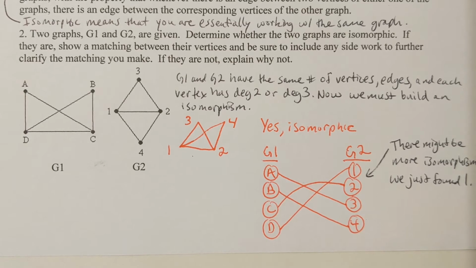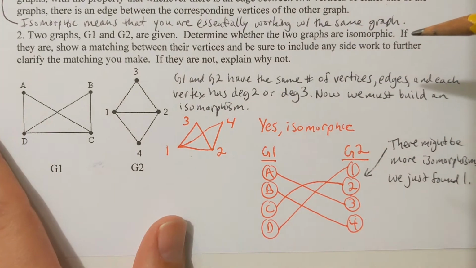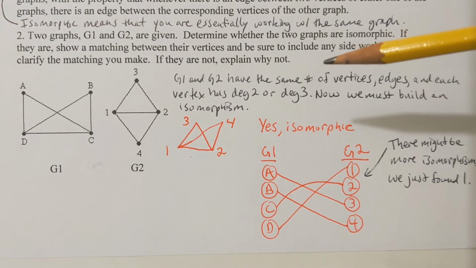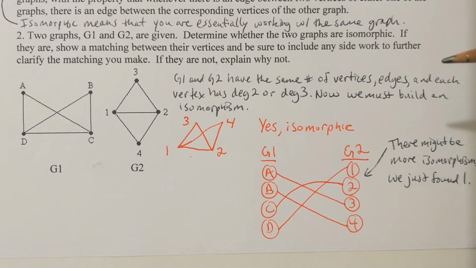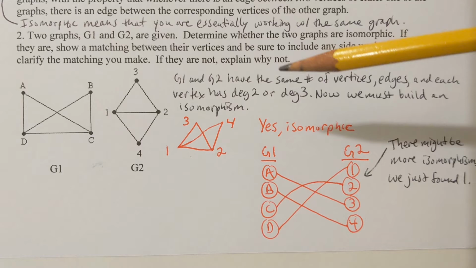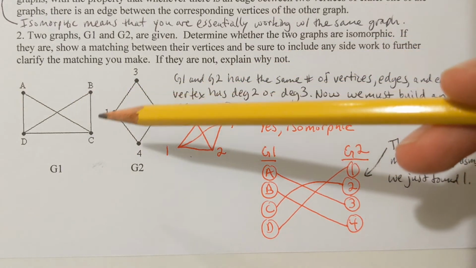If they're not, just give a quick explanation as to why not. So is G1 isomorphic to G2? Well, G1 and G2 have the same number of edges, 5 edges, and the same number of vertices, 4 vertices, and each vertex has degree 2 or degree 3.